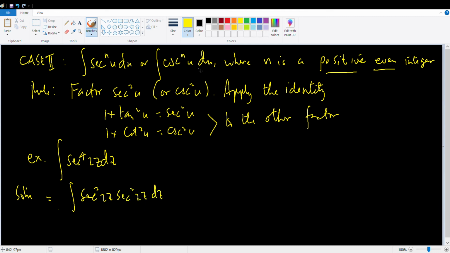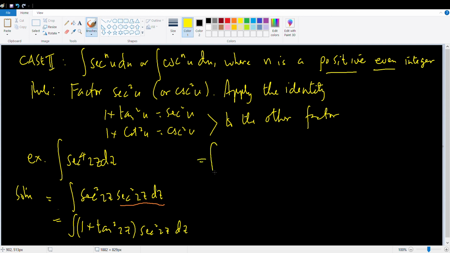And we preserve secant squared 2z dz because we know that that is partly the differential of tangent. So we shall apply the identity to the other factor secant squared, which will become 1 plus tangent squared 2z times secant squared 2z dz.